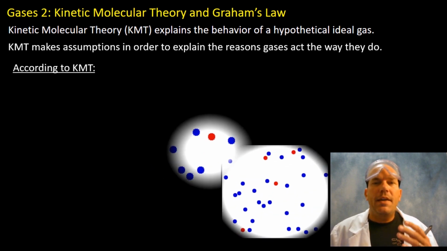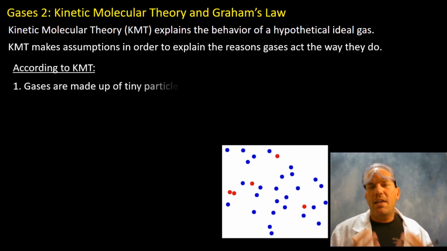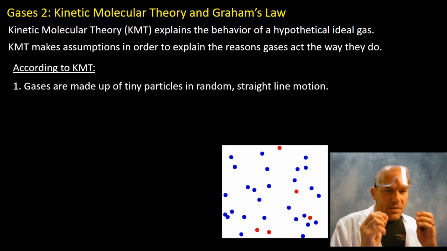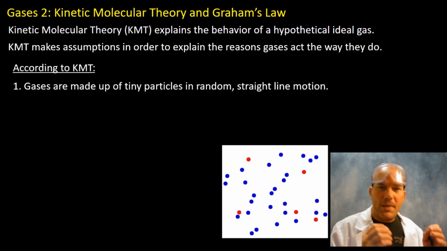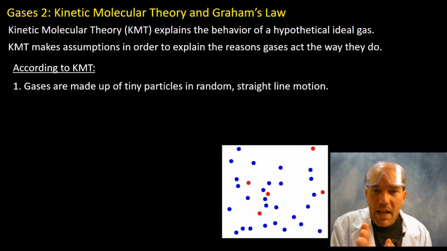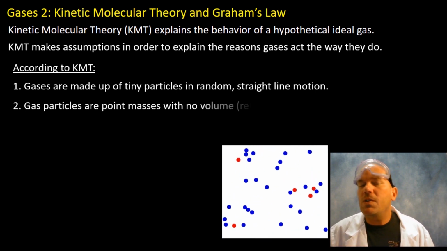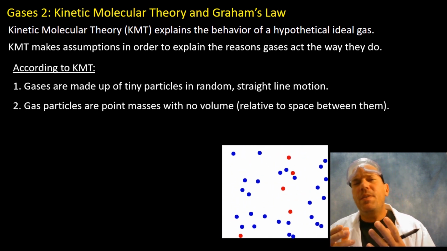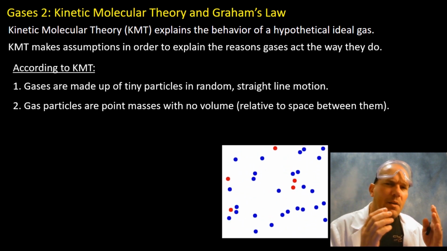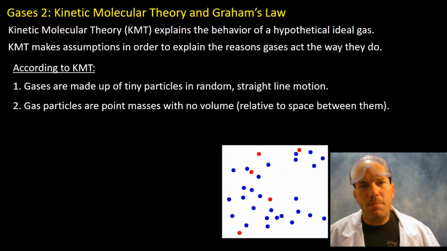First, KMT is assuming that gases are tiny molecules, which they are, but they are in random straight line motion. Gas particles are point masses with no volume relative to the spaces between them.